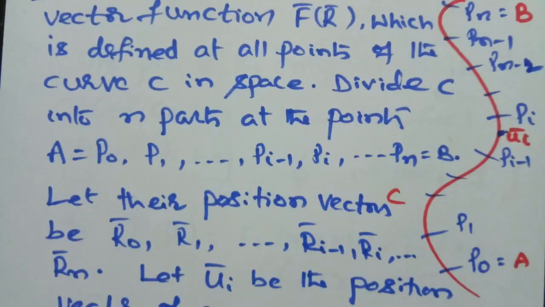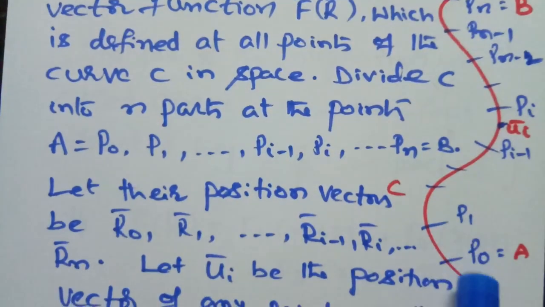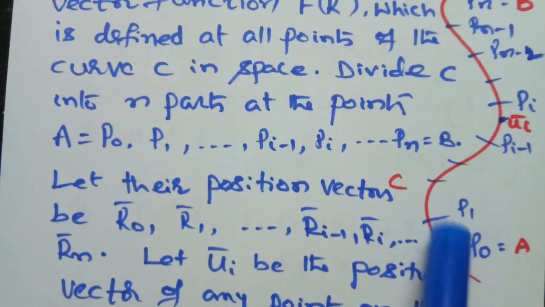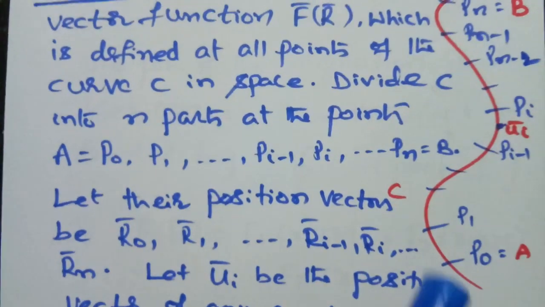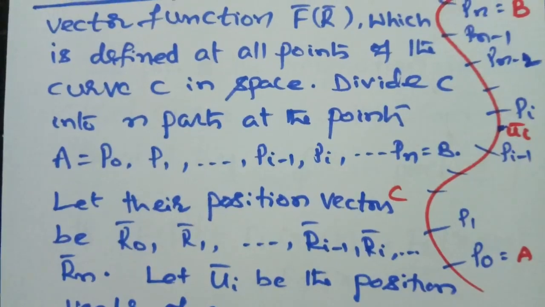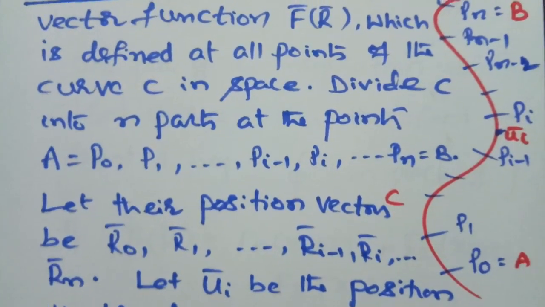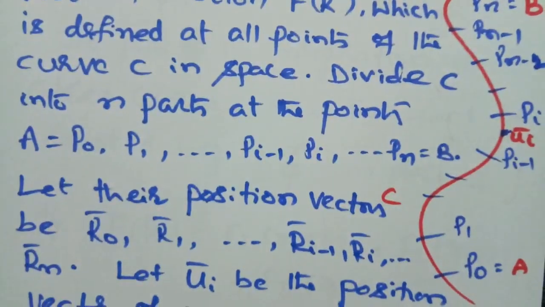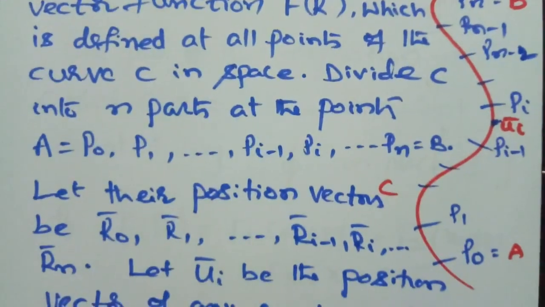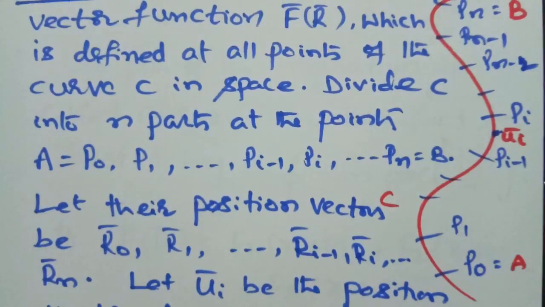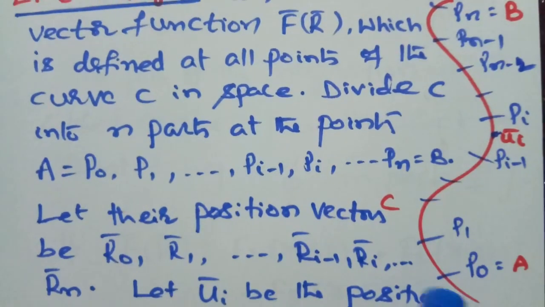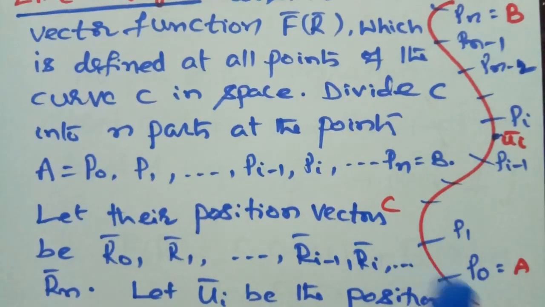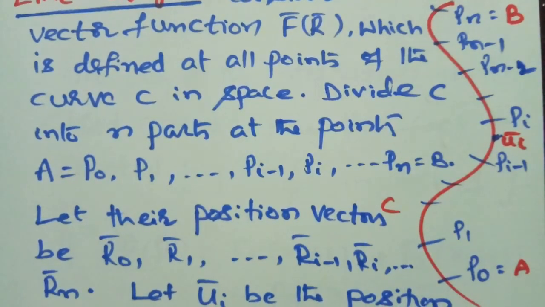How is it possible? The distance between these points must be less than epsilon, so the distance between any two points tends to 0, and then the divisions become infinite. To understand it easily, for example, the distance between these two is 1 centimeter.